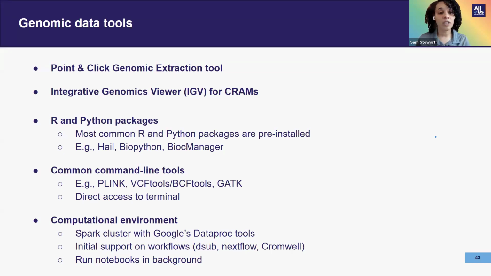Hail is already readily available in the Researcher Workbench. We also have other command-line tools, including GATK. And if you want to use the terminal directly, you're able to do that. We also offer Dataproc clusters in the Researcher Workbench, which is a more robust computational environment to use. And you can also run notebooks in the background if you have a long-running job.